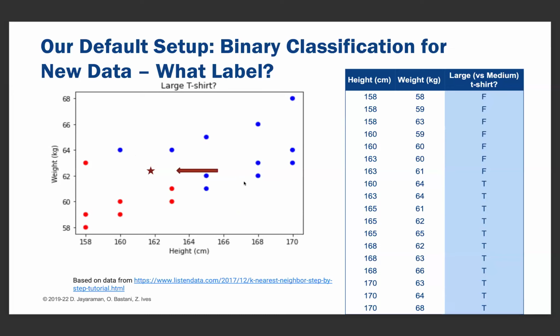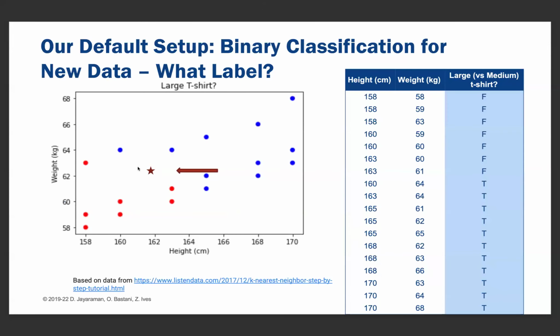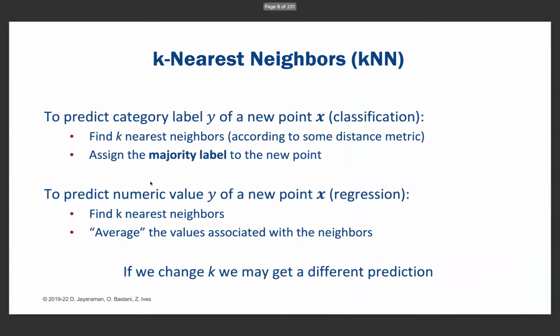We could try to answer this question using the idea of nearest neighbors in a couple of ways. Of course we can apply some methods which we did yesterday, but what we can also do is just check what the closest points are, the nearest points to this new point, the new input.